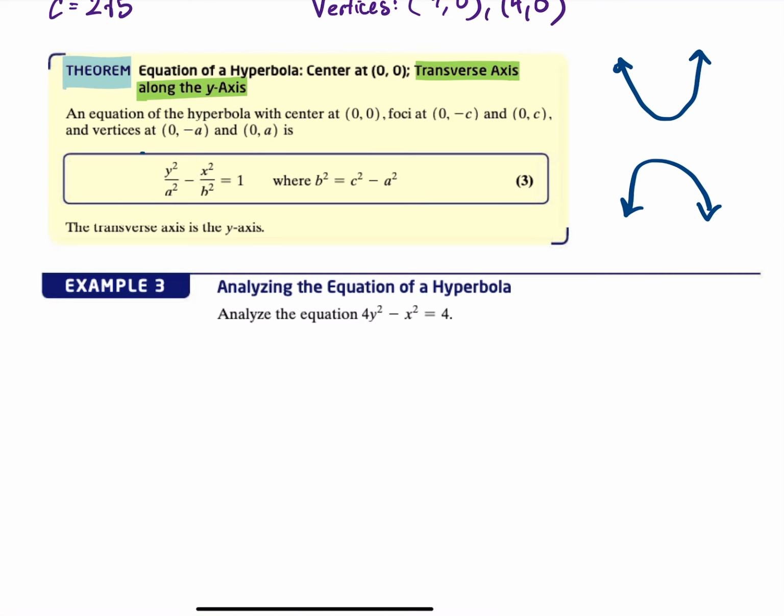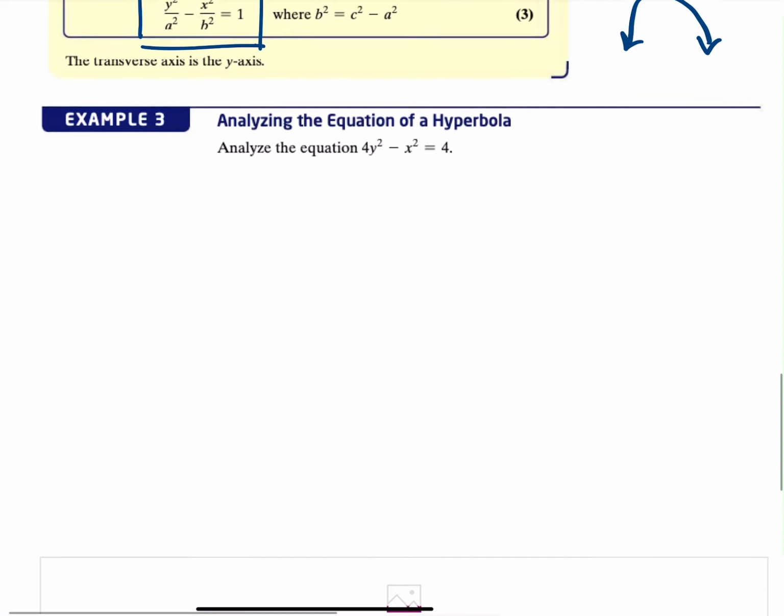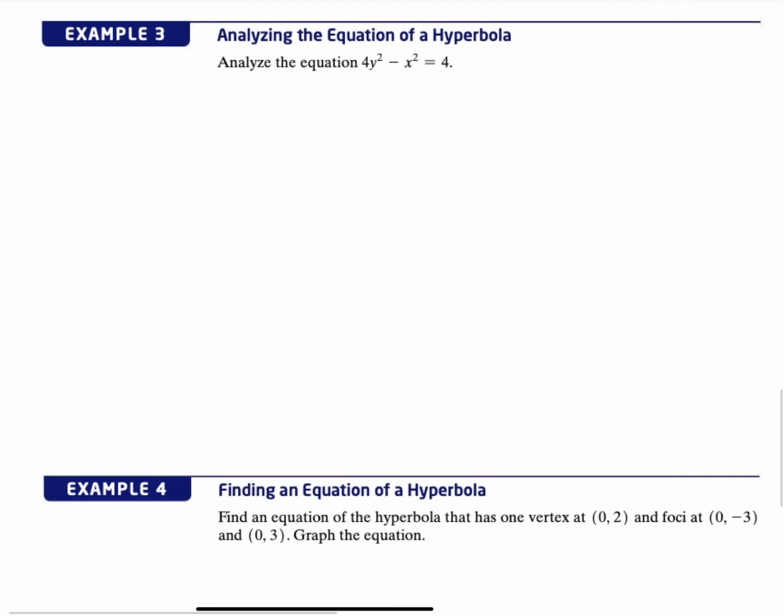And so notice in the formula, it starts with the y squared term. So they give us in example 3, 4y squared minus x squared equals 4. It should be equal to 1 to view it as a hyperbola to read the attributes from it.